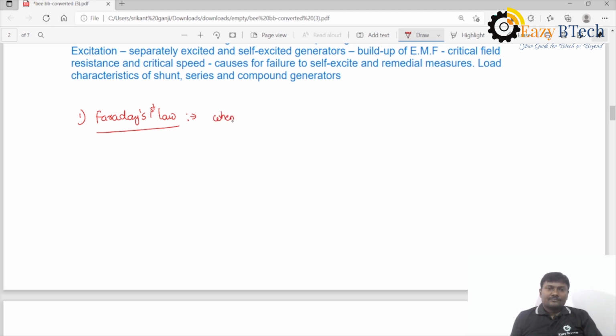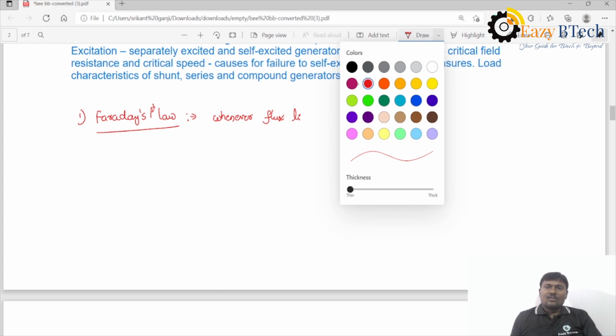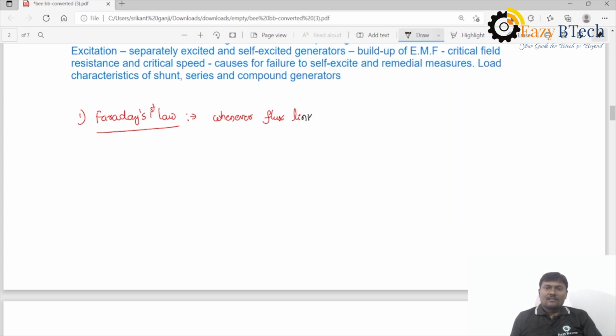Whenever the flux linking with a coil changes, an EMF, electromotive force, is induced in a coil or conductor.